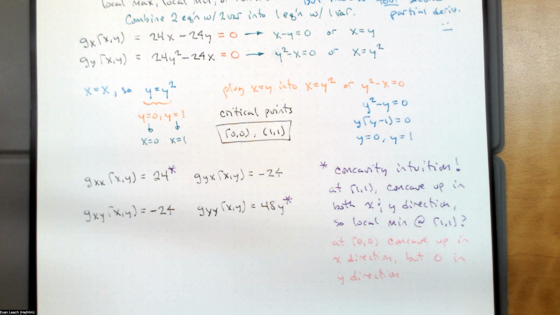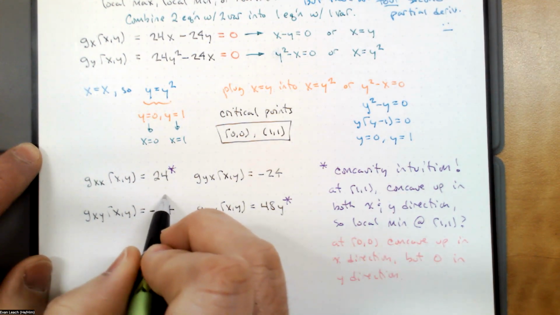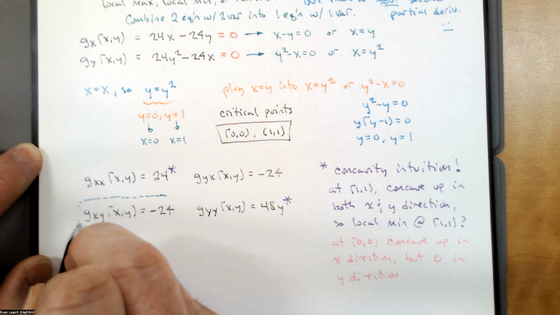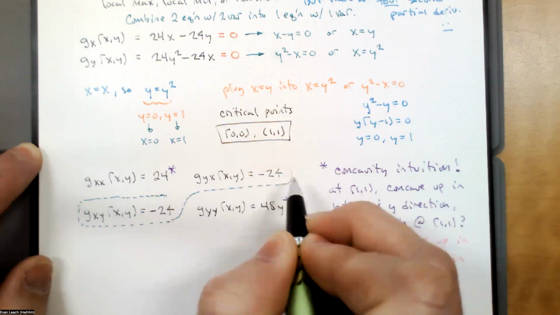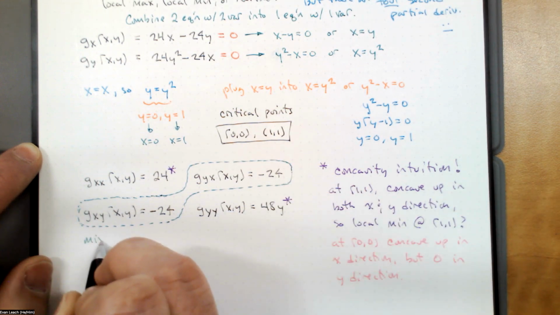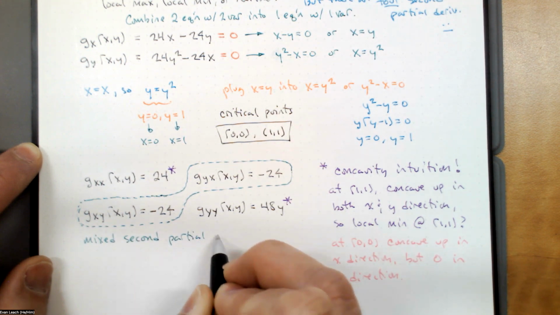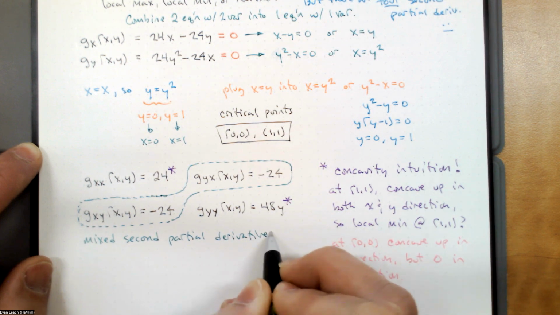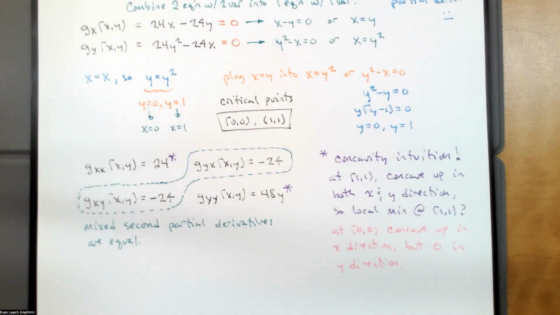For well-behaved functions, those two will be the same. Mixed second partial derivatives will be equal.